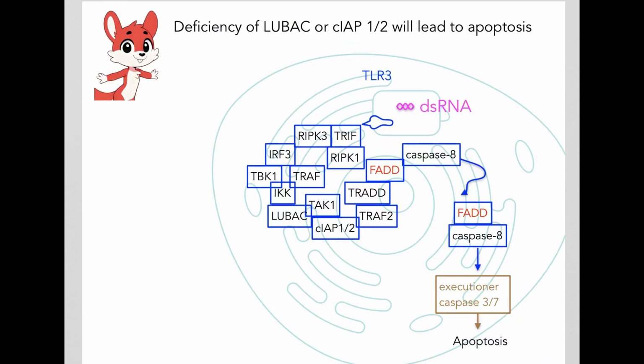Now, it's not entirely clear how the apoptosis pathway is triggered, but it seems like the deficiency of certain proteins such as LUBAC here or CIAP12 will cause the caspase 8 to be recruited by FADD, and this will then trigger the cleavage and the activation of the executioner caspases, which will cause the innate immune cell to undergo extrinsic apoptosis.